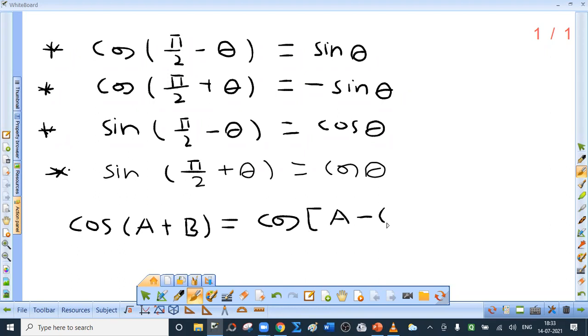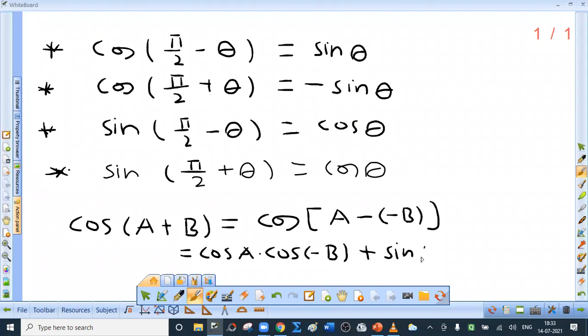It is cos of A minus minus B. So this is cos A cos of minus B, right? Plus sin A sine of minus B. I hope you are getting this. See, we have proved the result for cos of first angle minus second angle. So A plus B can be written as A minus minus B.